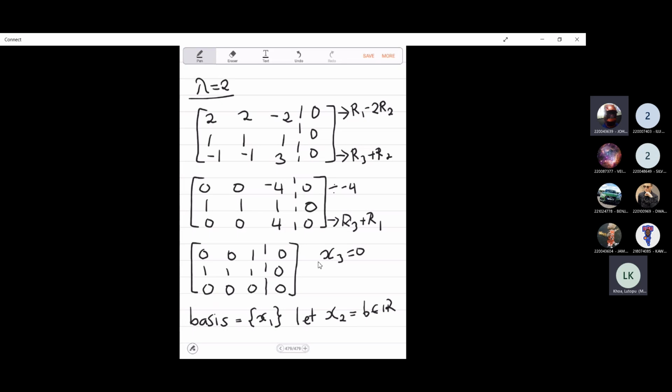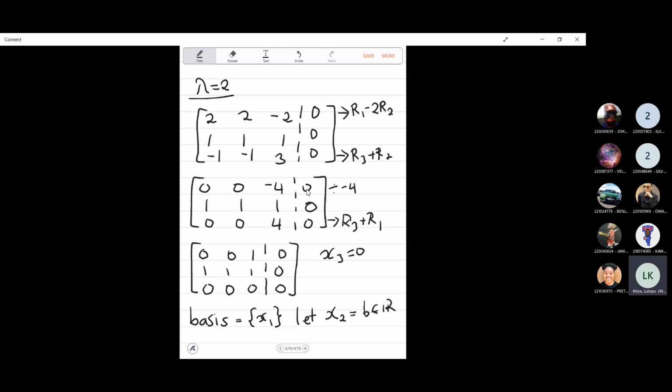Okay, x3 is not in the basis because from here I can clearly see that x3 is 0. So our basis does not have 0 variables. We are putting non-zero variables into our basis. Even when I got to this point, I can see that x3 is equal to 0 because I have negative 4x3 is equal to 0.